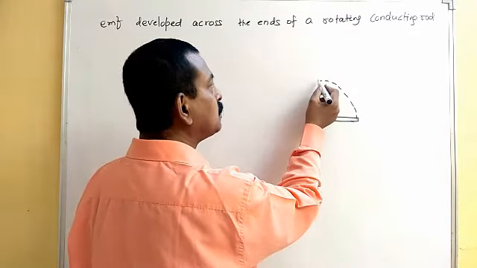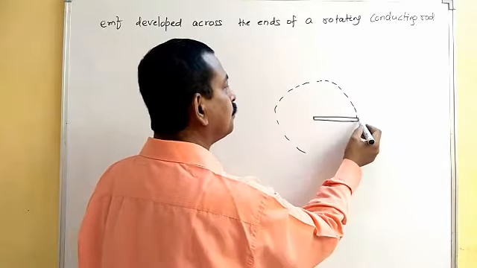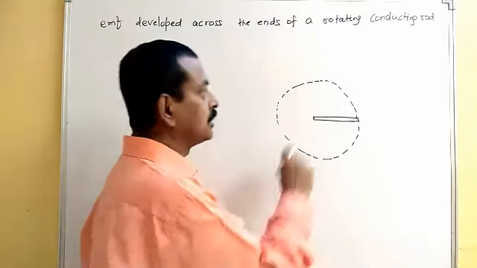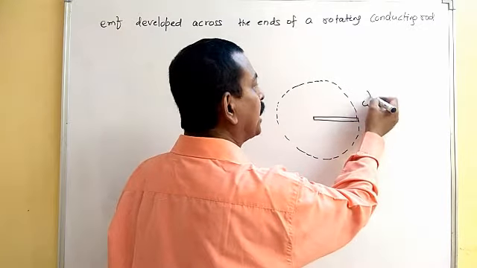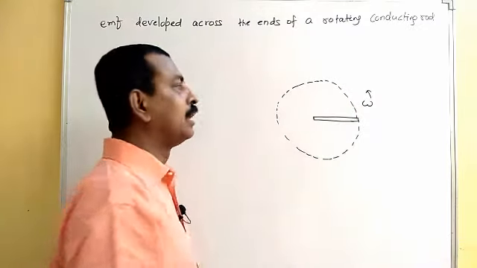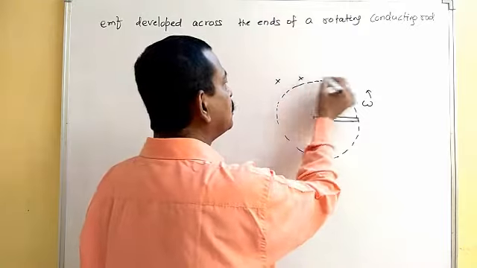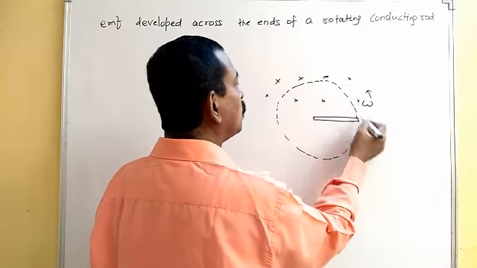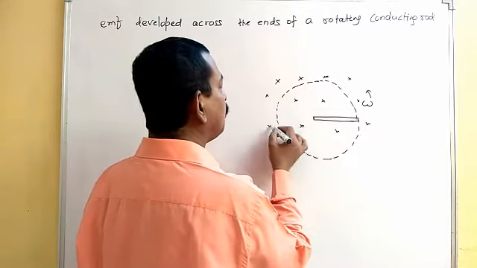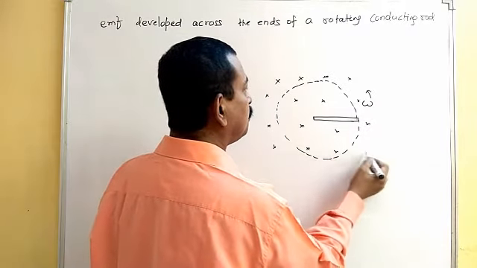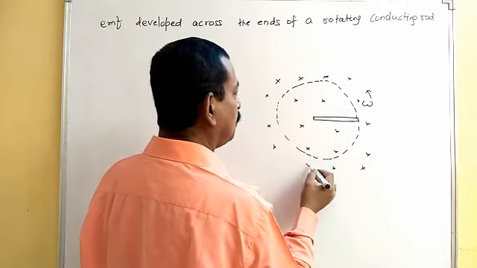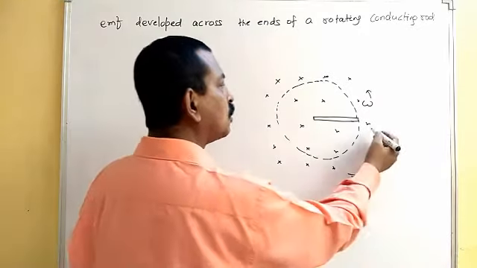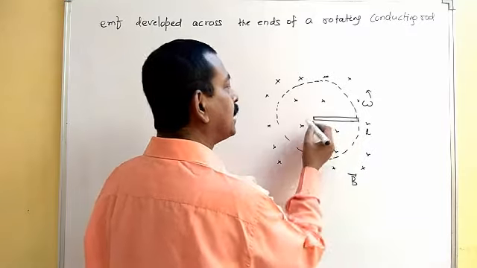One end is fixed and the rod is rotated about it with angular speed omega, in a region of magnetic field B. This end is fixed.